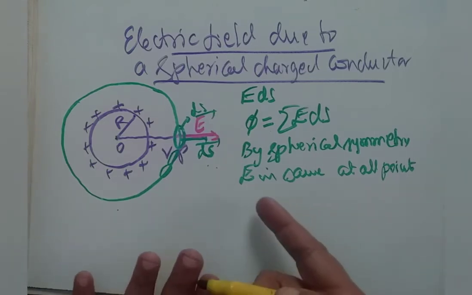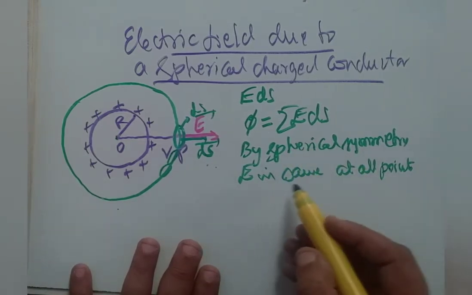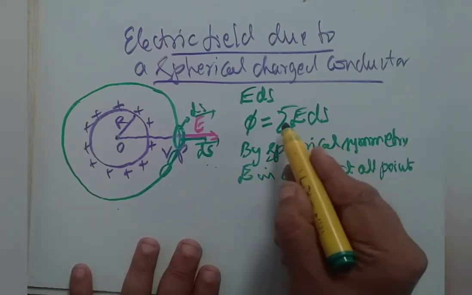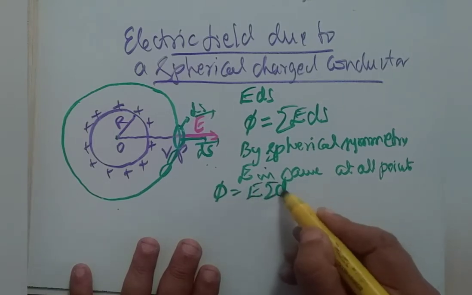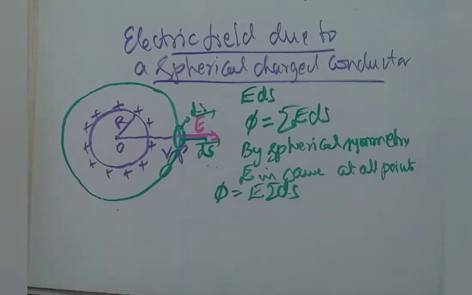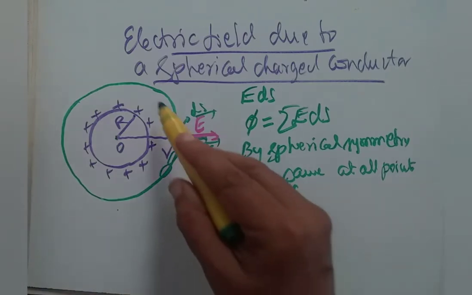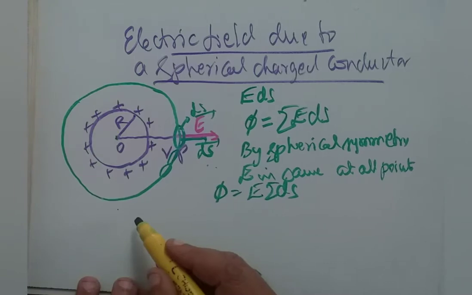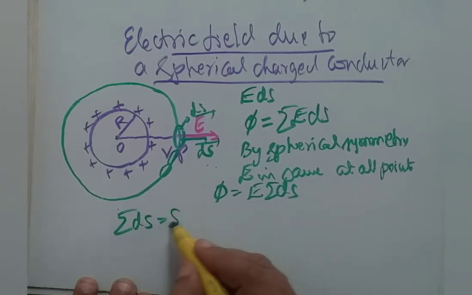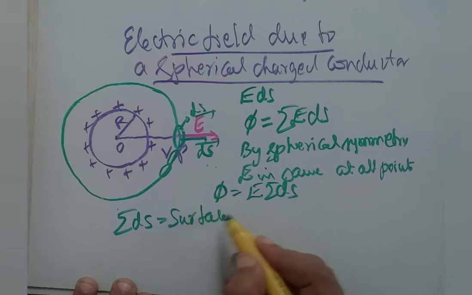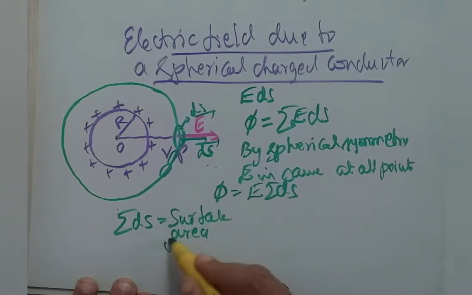Therefore, if I take E as same, then E can be taken out of the summation. Phi equals E into sigma ds. But what is ds now? Sigma ds is the total surface area of the sphere. I write sigma ds is the surface area of the Gaussian sphere.